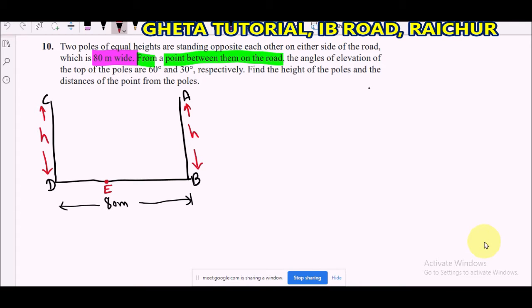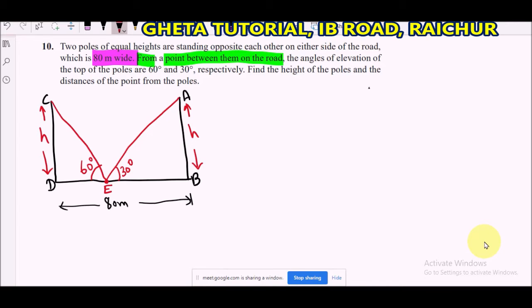Two poles of equal heights are standing opposite to each other, and there is a point E in between them. From the point E, we have to draw the angle of elevation to C. Let us consider that angle of elevation is 60 degrees, and from E to A, the angle of elevation is 30 degrees.